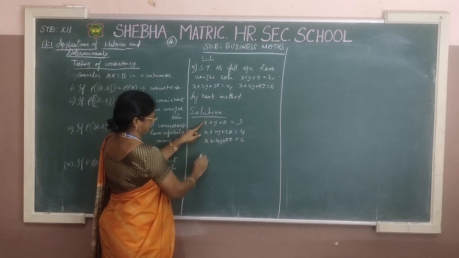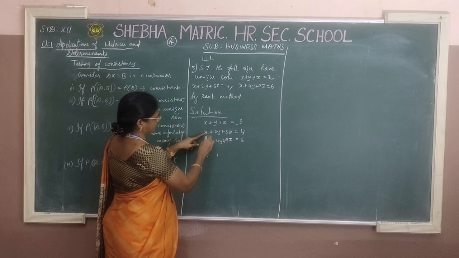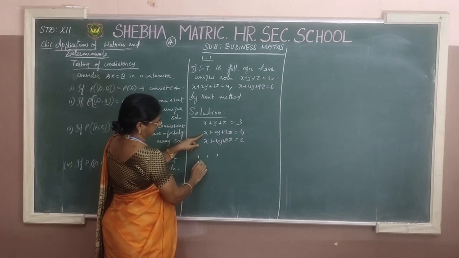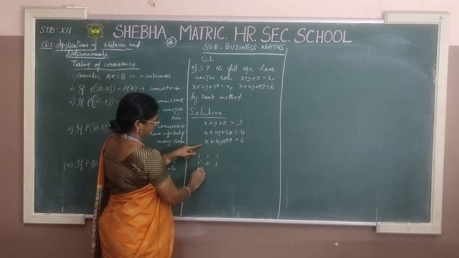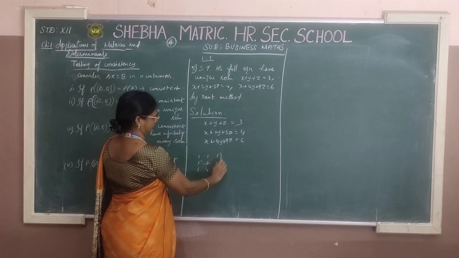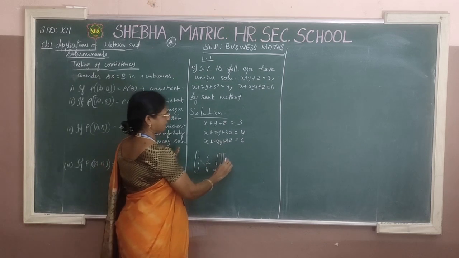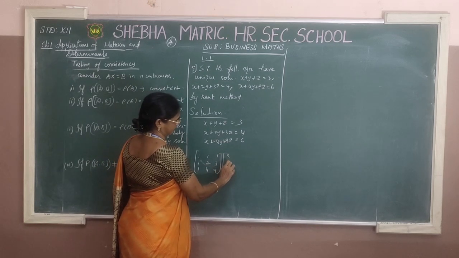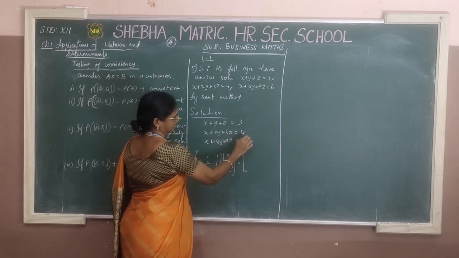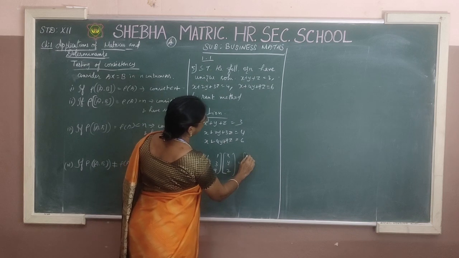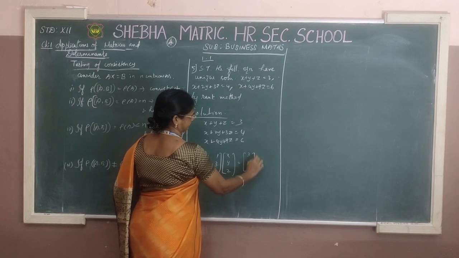The coefficients in the first equation are 1, 1, 1. In the second, the coefficient of x is 1, y is 2 and z is 3. The third one is 1, 4, 9. And next you have to write the column matrix with variables x, y, z, and equal to, write the answer column 3, 4, 6.